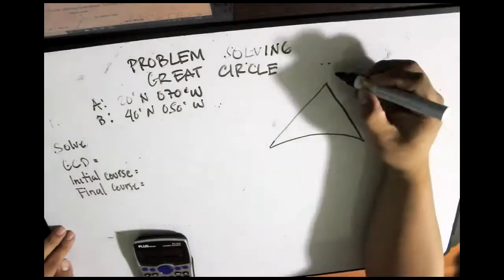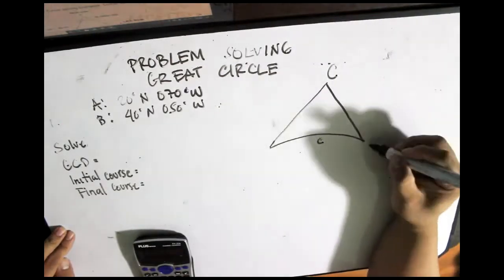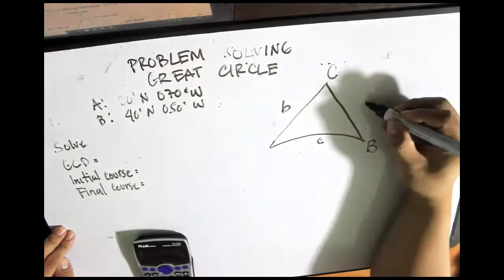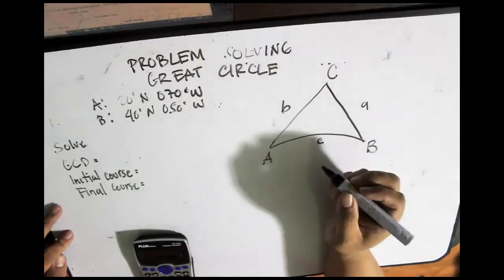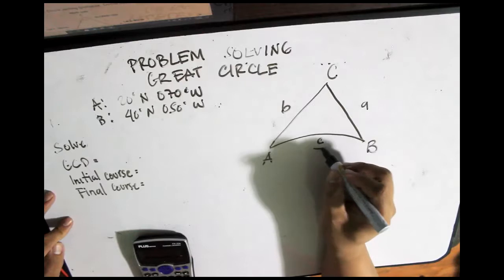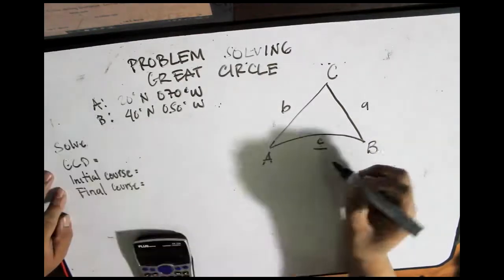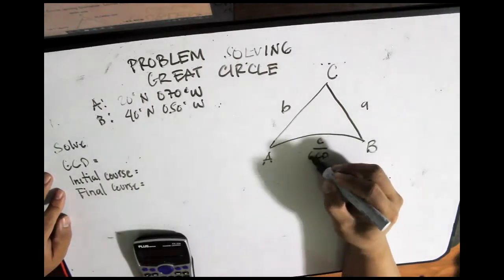So we label first everything. So this would be your capital C. This is your small c, your big B, your small b, A, and capital A. Now, sabi ko kanina, yung small c is your distance. This is your C. Yan yung GCD natin.